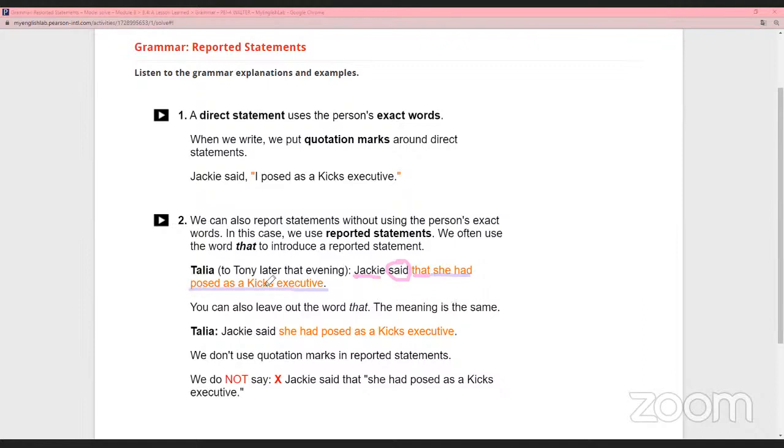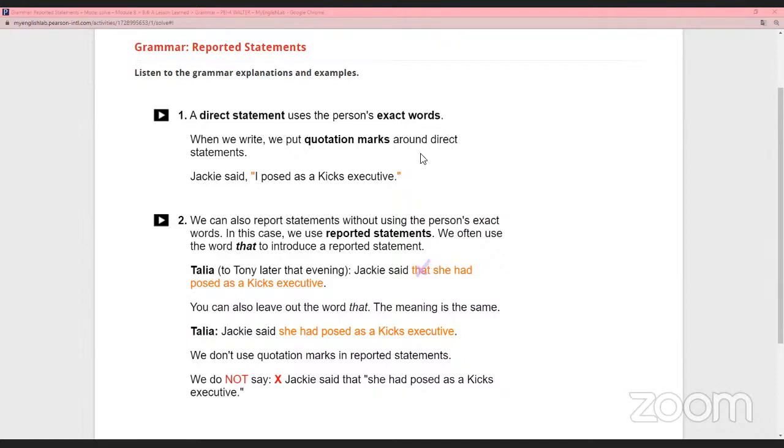Jackie said that she had posed as chief executive, right? So notice that we're introducing the reported statement with a reporting verb, and it follows a specific structure, right? So it's nothing about me, as you can see. The only thing that I'm doing is to report. This is the person who said something, the reporting verb, and the reported statement. We can also leave out the word that, it's unnecessary, right? So, okay, let's continue.